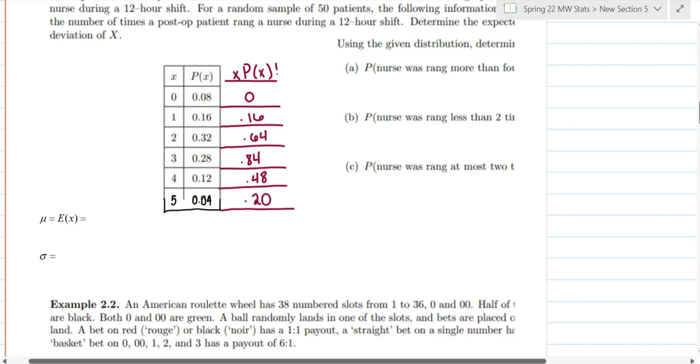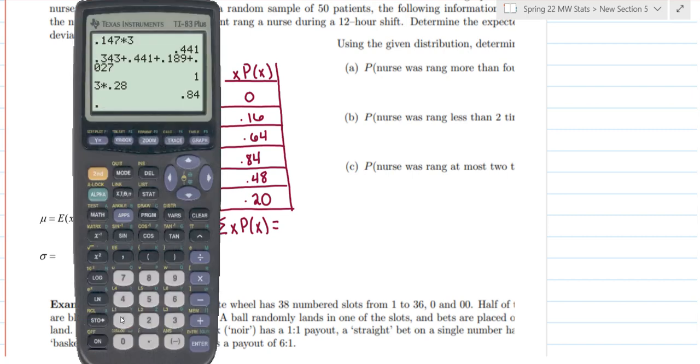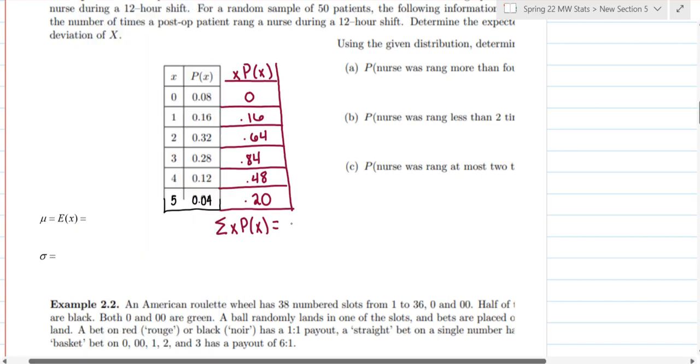All right, so then the sum of this is going to be our mean. So the sum of x times p of x is, we'll add all of these together. So 0.16 plus 0.64 plus 0.84 plus 0.48 plus 0.20, 2.32.